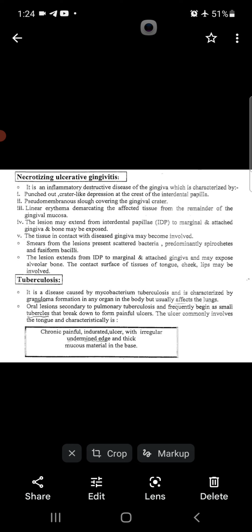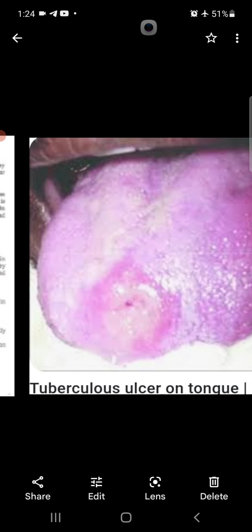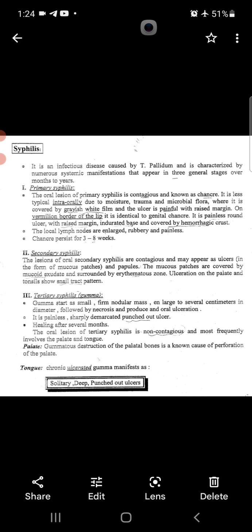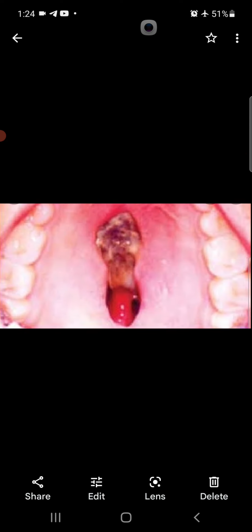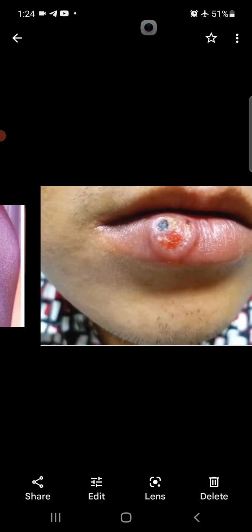Number one is necrotizing ulcerative gingivitis. Second is tuberculosis, and the tubercular ulcer. And third is syphilis, which is very important, the three types: primary, secondary and tertiary, and its oral manifestation. We will discuss all three in this short video.